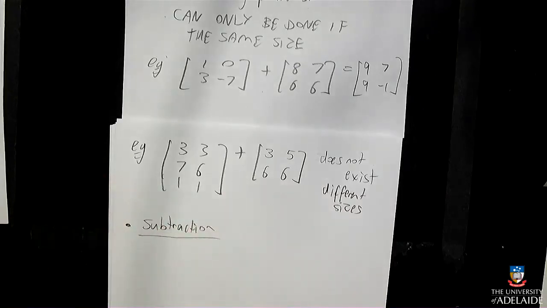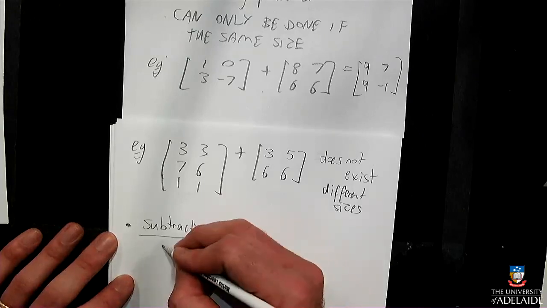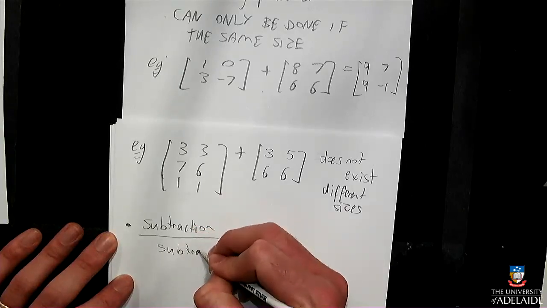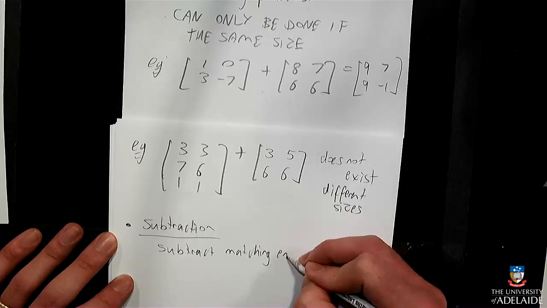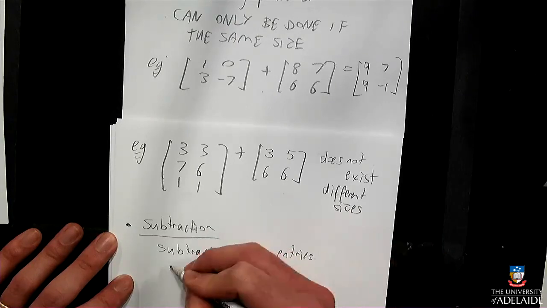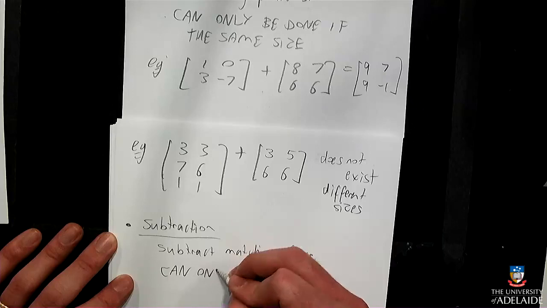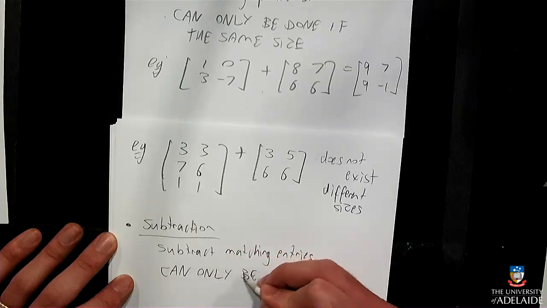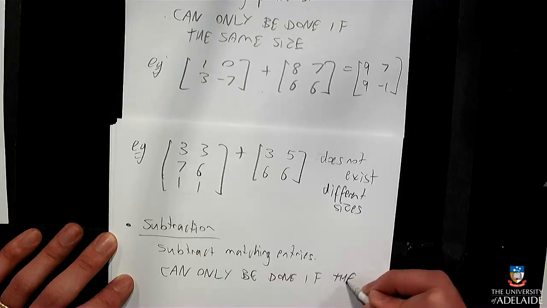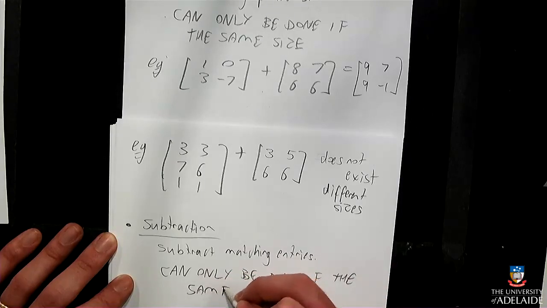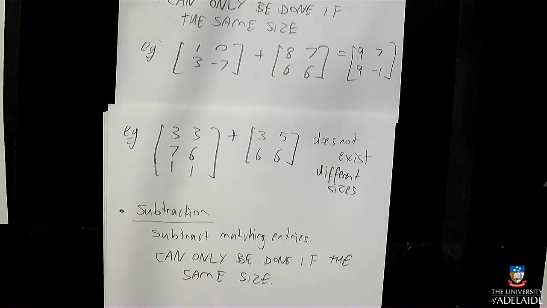Subtraction is similar to addition. You just subtract the matching entries. Can only be done if they're the same size. Okay.